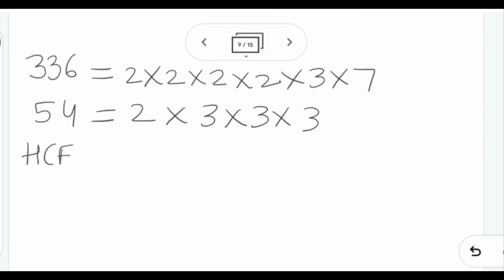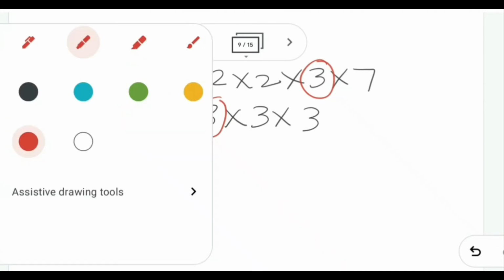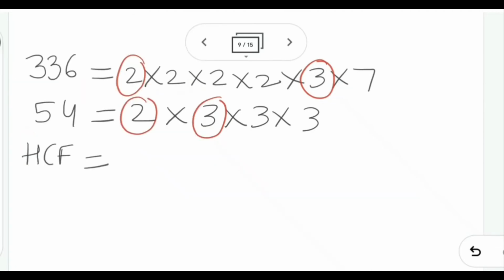First of all we will find the HCF. We will find the common prime factors. We can see here 2 is common in both, then 3 is common in both. These are the only two numbers appearing in both. So the common factors are 2 and 3.